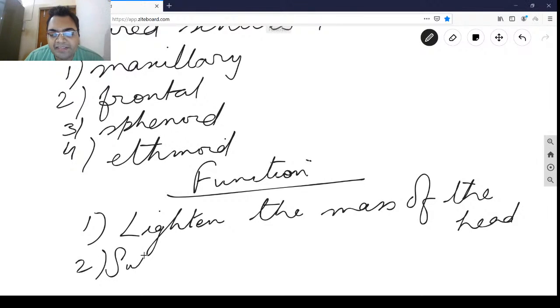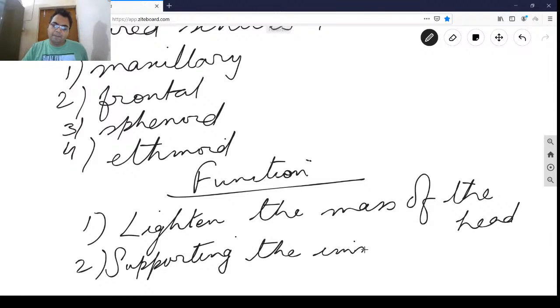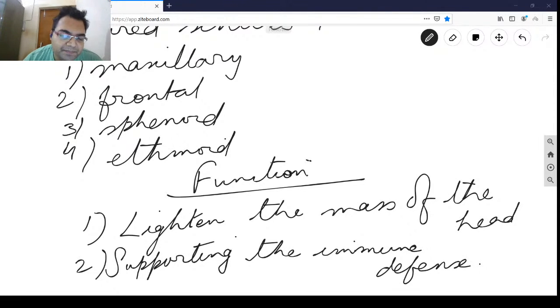Number two is supporting the immune defense of the nasal cavity. As it is a pseudo-stratified ciliated epithelium, the paranasal sinuses help to trap germ particles, the microbes as well, supporting the immune defense of the nasal cavity. Then, humidify the inspired air.